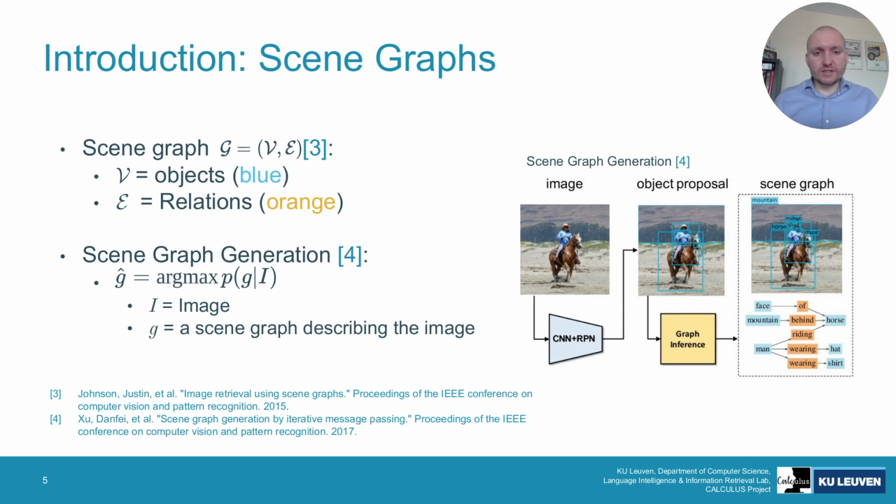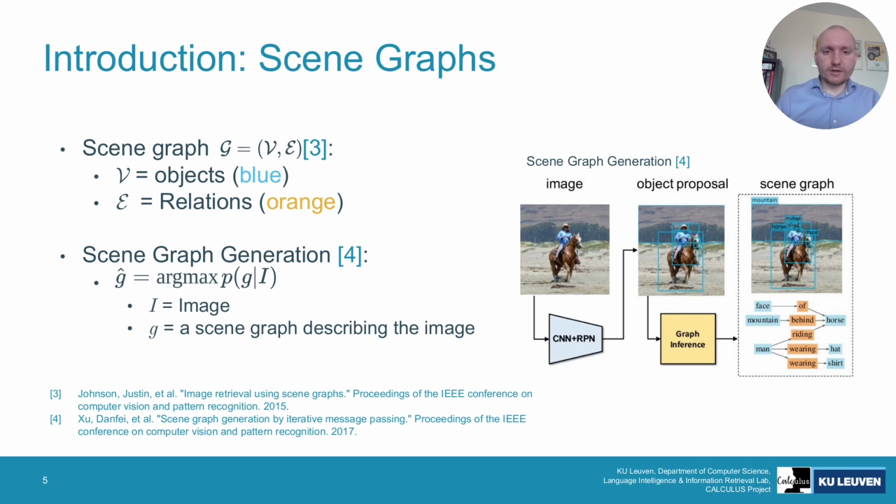As we can see here in the far right image, we have an object for a horse and an object for a mountain. Now we know there is some relation between them. A structure is created where the relation behind is created, where we now can say the mountain is behind the horse. And this gives us more information about what is happening in the scene, and it gives us a better understanding.